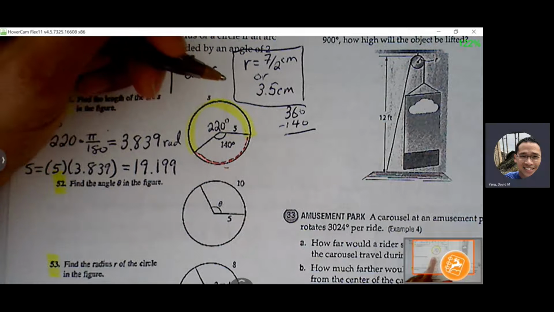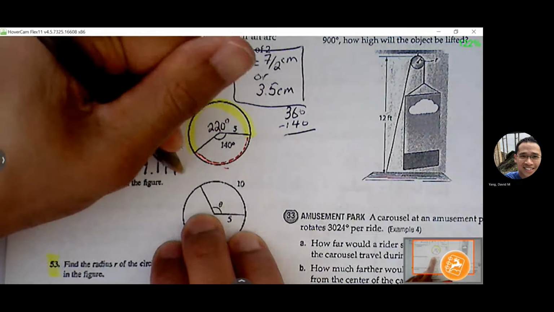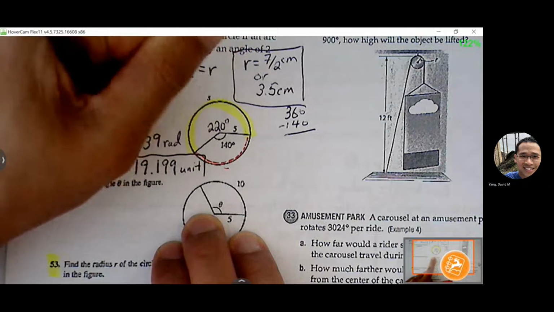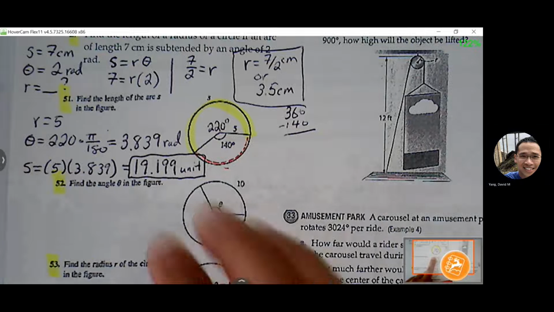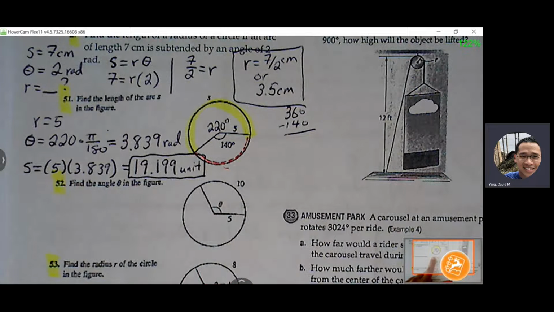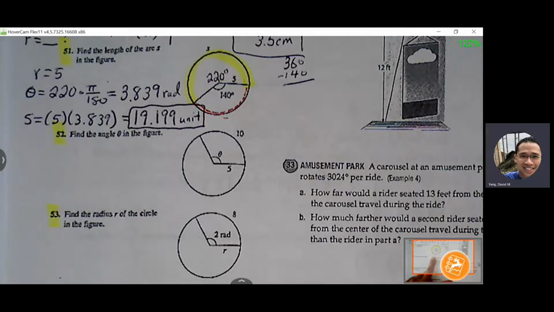Oh, sorry, they didn't give us a unit here. You guys get that? I leave it with pi. Yes, you can leave it with the pi. But for this problem, I'm going to do the decimal version, but that's fine. Everybody okay? Yeah, sorry, there's no units here, so I just put unit, but if it was like centimeters or inches, then I would put that there.